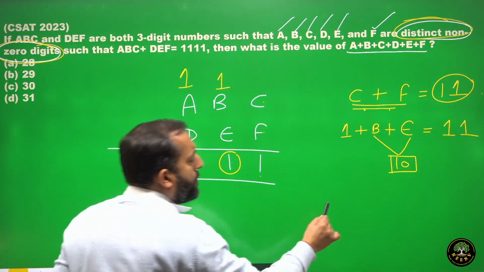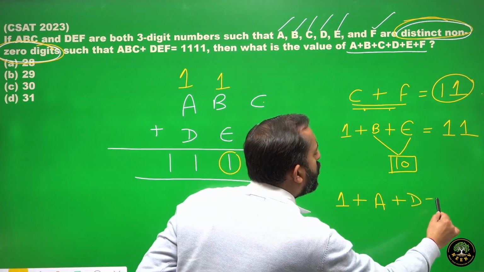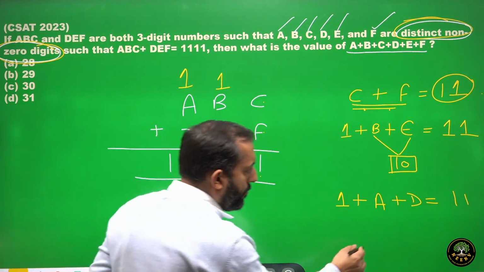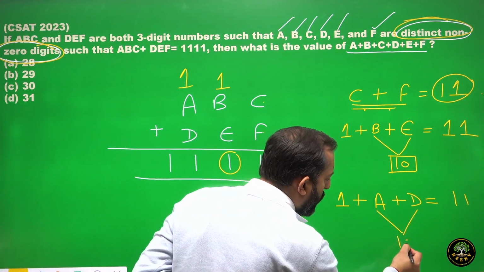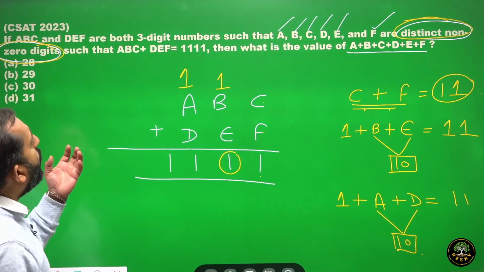In the next step, 1 plus A plus D should be equal to 11. By applying the same reasoning, A plus D must be equal to 10. Now, what are we looking for?